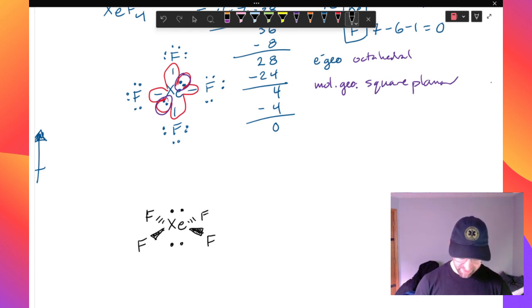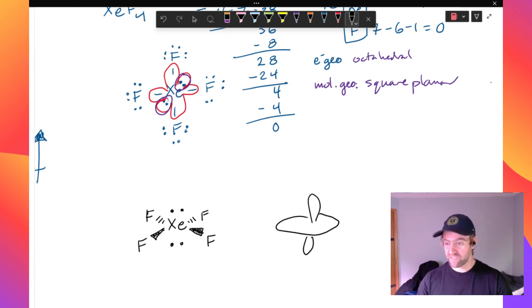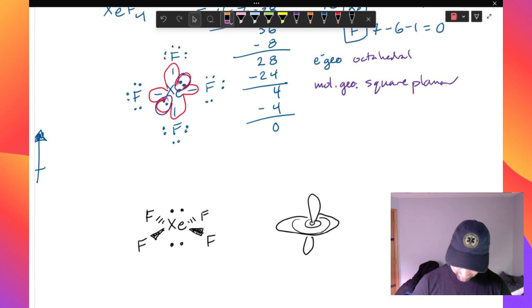The fluorines, if we can visualize this in space, are all on the same plane. Like if this is a disk, the fluorines are all on that disk, and the lone pairs are on the top and the bottom of that disk. So is this polar?